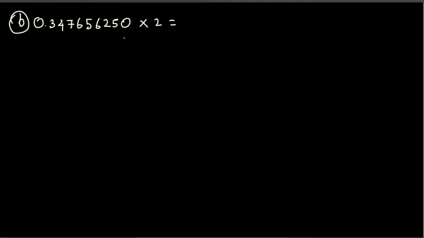Okay, so let's go ahead and do that. 0.34765 multiplied by 2 is 0.695315, and that gives us 0 right here.